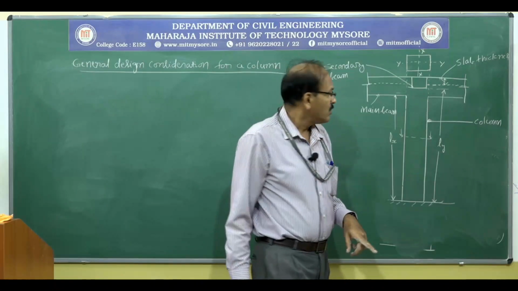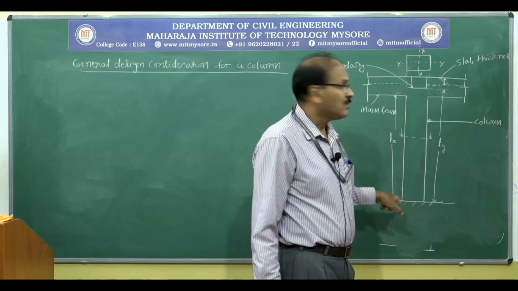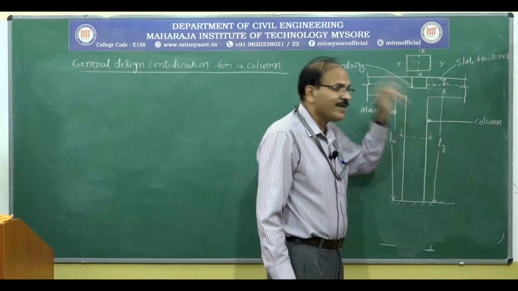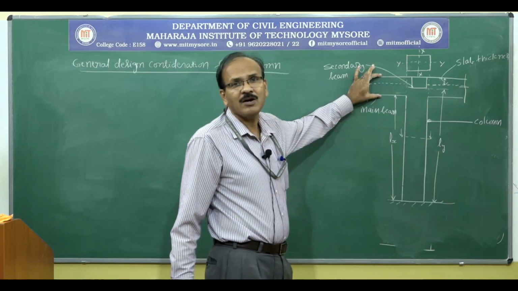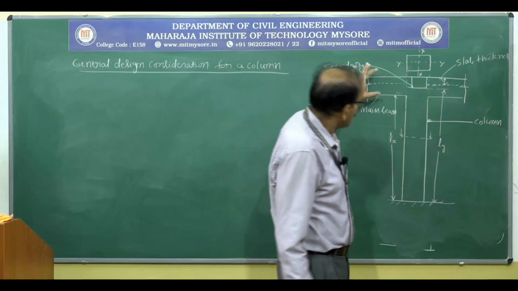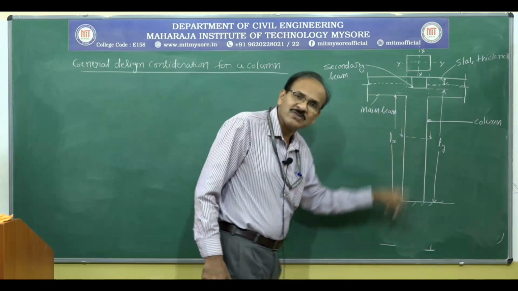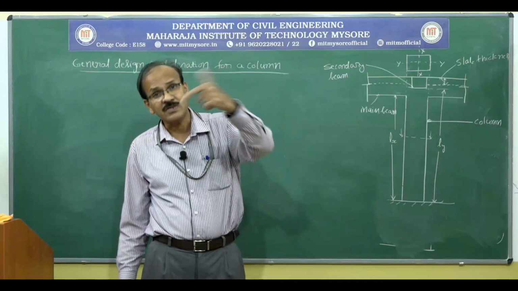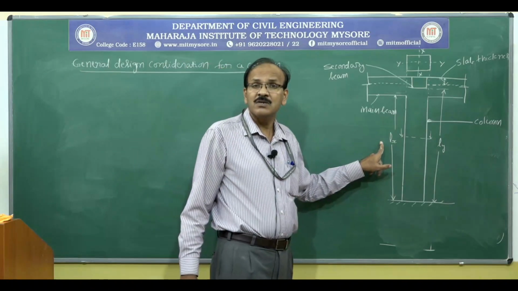Okay? So when we take the xx axis, this is the beam that is preventing the column from bending about the xx axis, that is this one, the bigger beam. So you must measure from the floor level to the bottom of the beam as the unsupported length of the column about XX axis. I call that as LX.